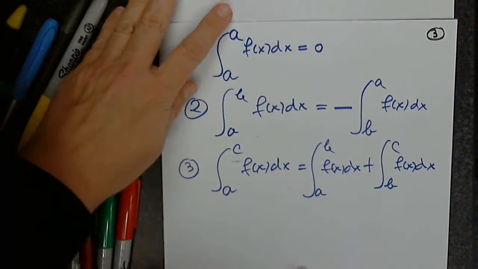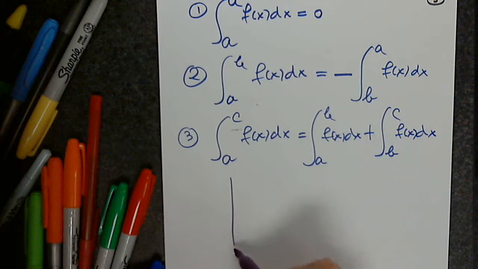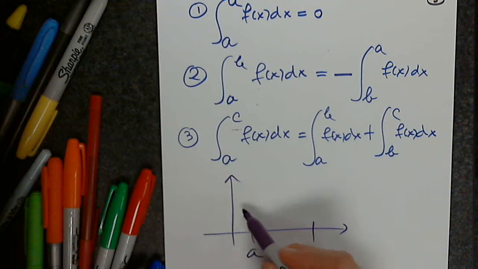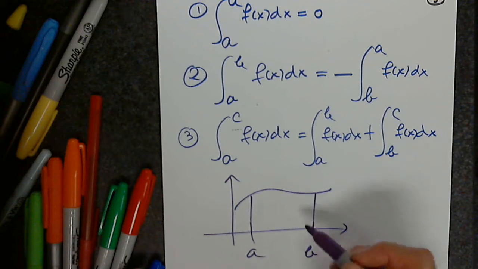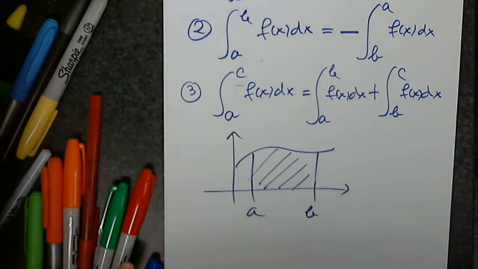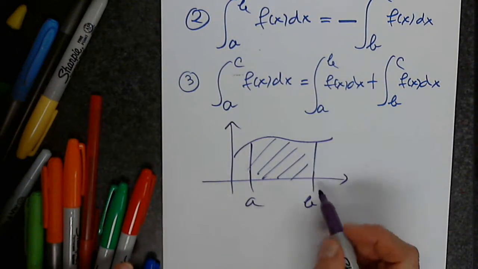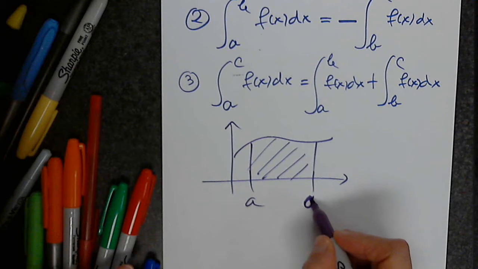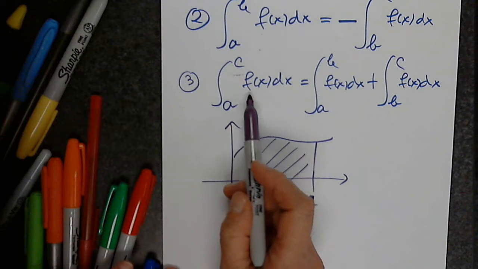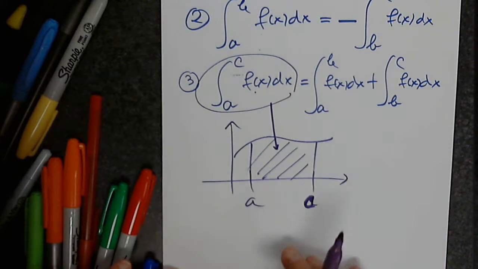Let me explain the third property. Let's take a look at the picture here, figure. Here it is. So I have c here, I'm sorry. This is c. So this integral represents this area that I shaded in.